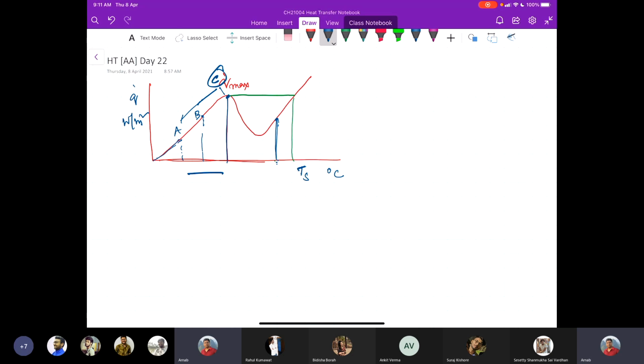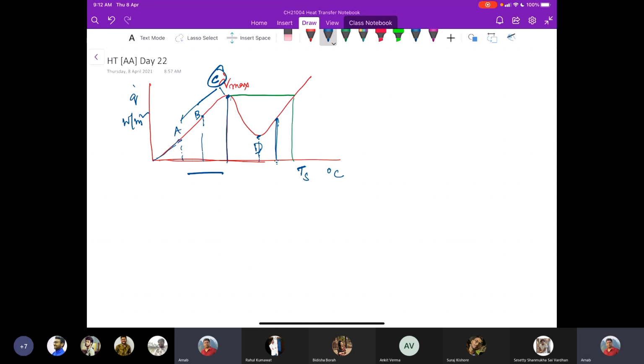So this is the portion where we have the nucleate boiling. Now we have typically a transition region where this point D is called the Leidenfrost point, and from nucleate boiling, the film boiling starts from point D.